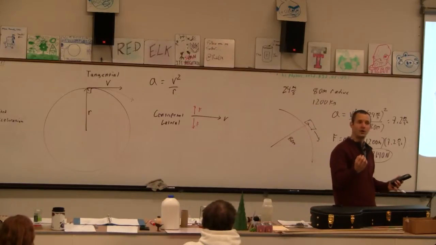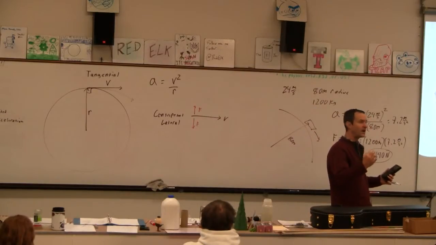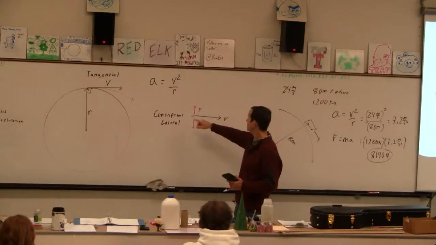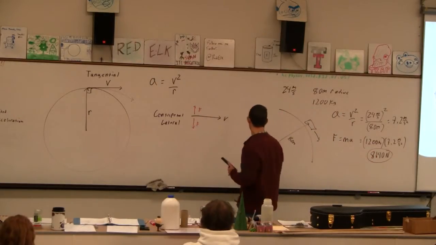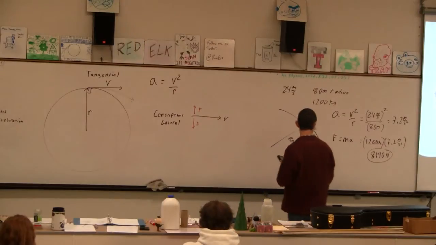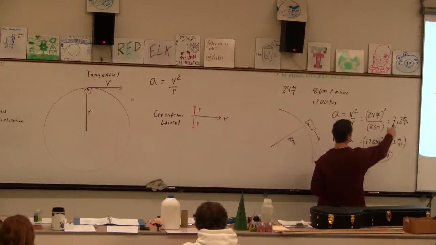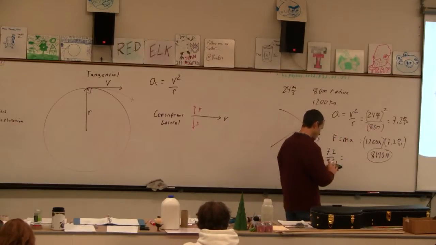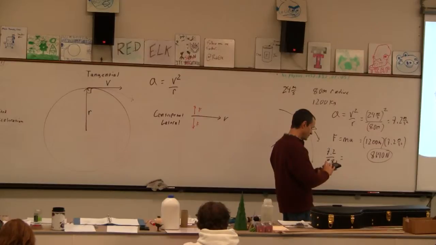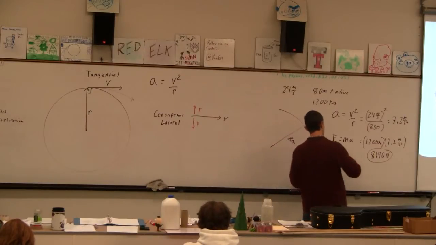They also need to be able to go around corners, and what they do is they talk about the lateral G's. Lateral just means to the side, right? So in G's, if I wanted to figure this out, I'd go 7.2 divided by 9.81, so that's about 0.73 G's.